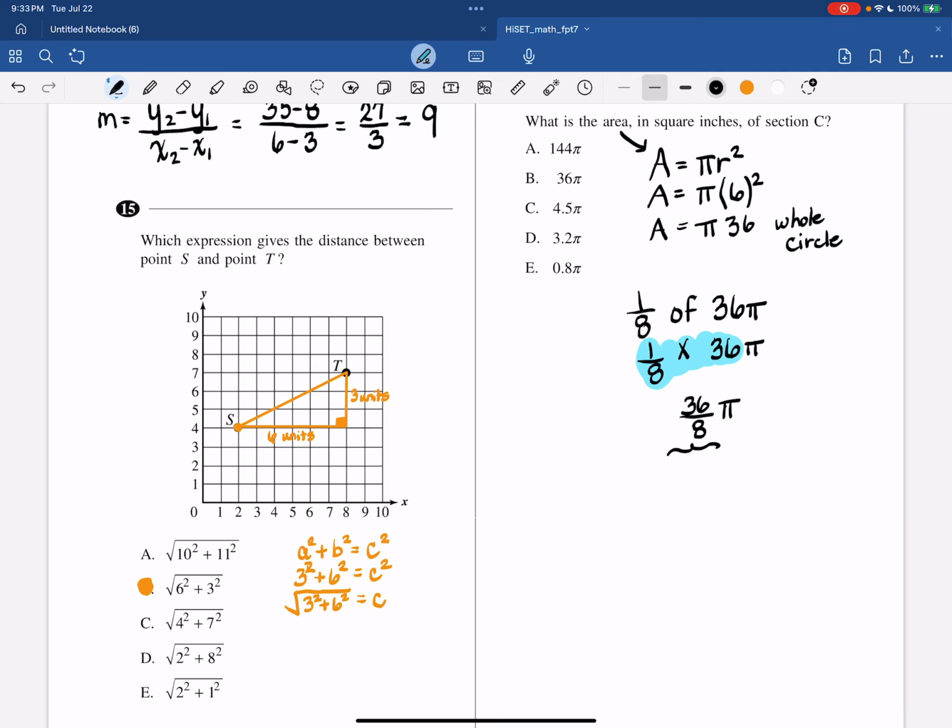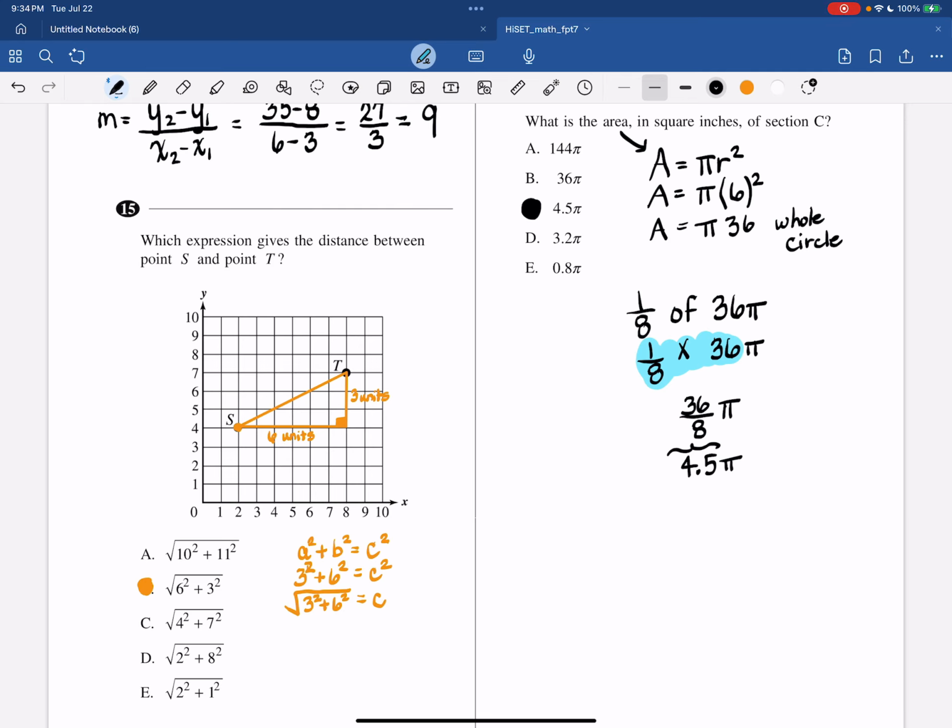If you do 36 divided by 8, you are going to get 4.5 pi. That's actually the answer you want.